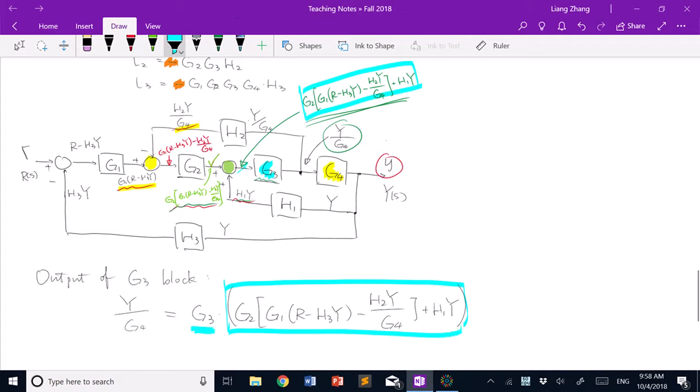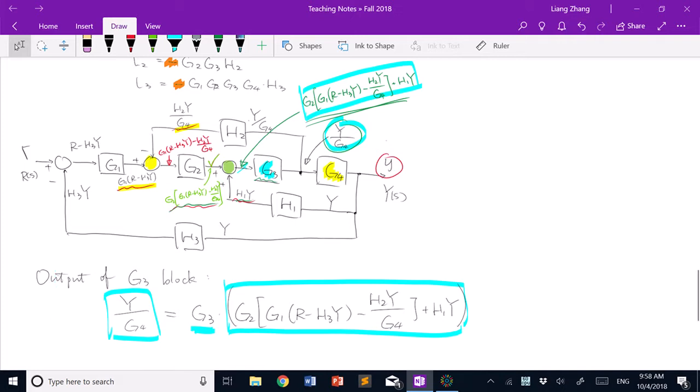In the transfer function G3, the output Y over G4 is right here. This is how I calculated backward from Y to G4 and then to this Y over G4. So if everything holds, this equation should be true.